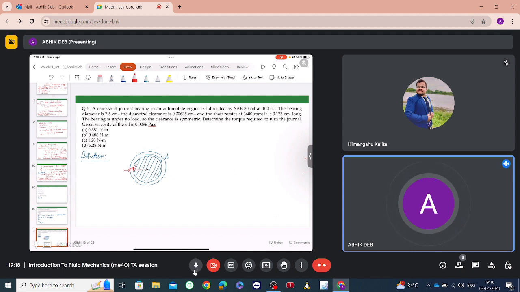Now since this diametral clearance, which is, let's say, c, and the diameter is phi, is equal to 7.5 centimeter, whereas twice c is equal to 0.00635 centimeter.